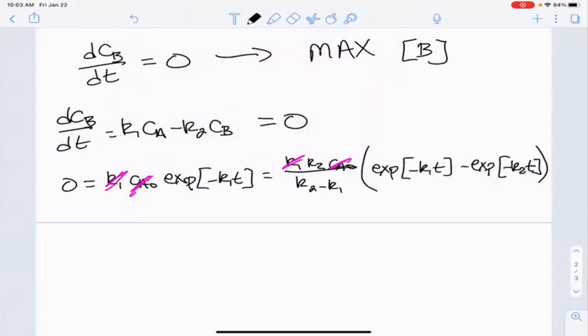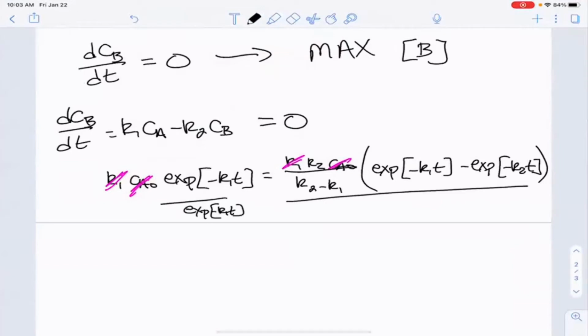So to do that, I want to get time on the same side of both equations. So I'm going to divide both sides here by the exponent of minus K1 times time. Okay.